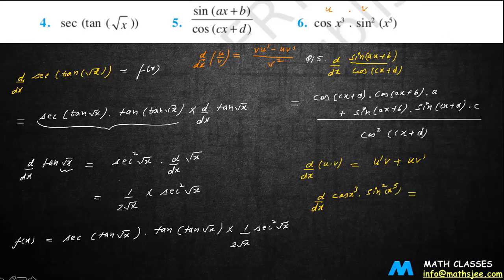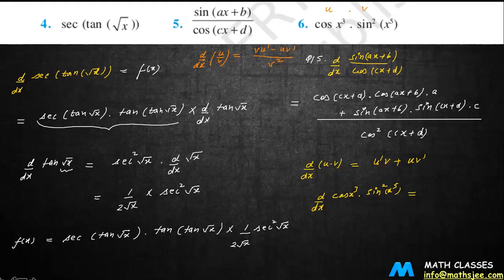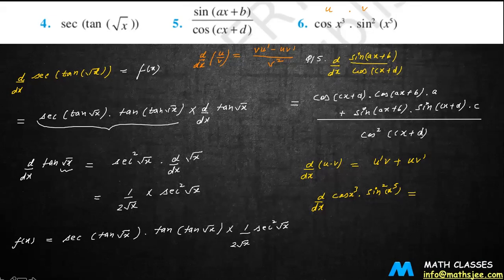Now this will be equal to, and you can take any one as u or v. First of all you have to differentiate the derivative of u, cos of x cube. The derivative of cos is minus sine of x cube, into the derivative of x cube, that is 3 into x square.